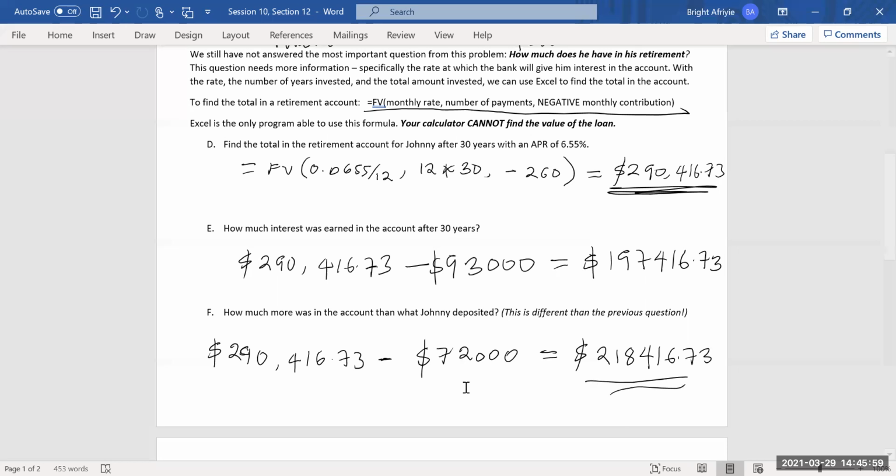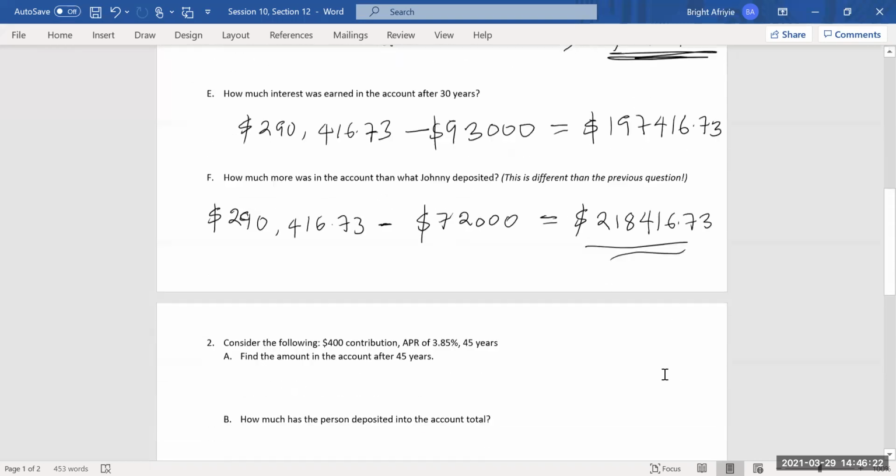So you realize that this question is different from that. Here you're looking at together Johnny's contribution in addition to the employer's contribution, right? Take that out, and that is the interest at the end of the period. But now we want to know how much more than what he contributed. So we just take out his contribution, and that gives us that.